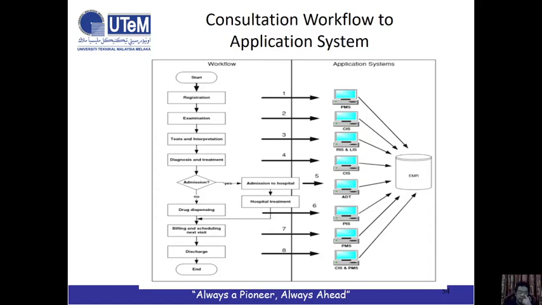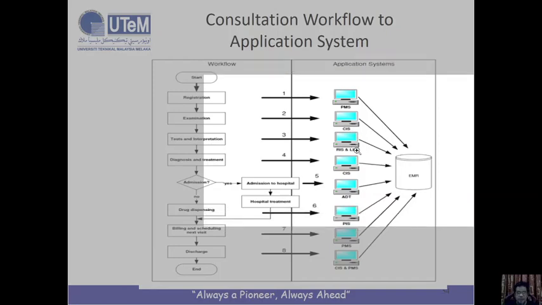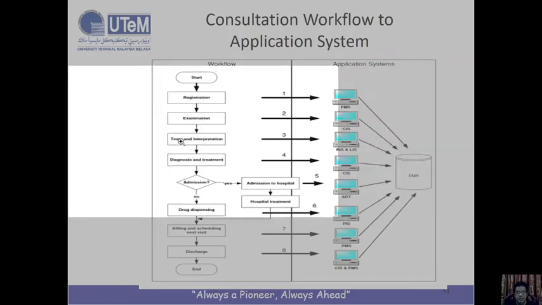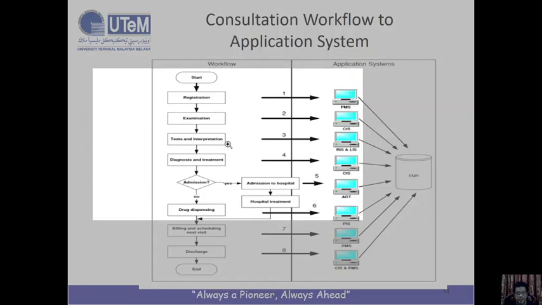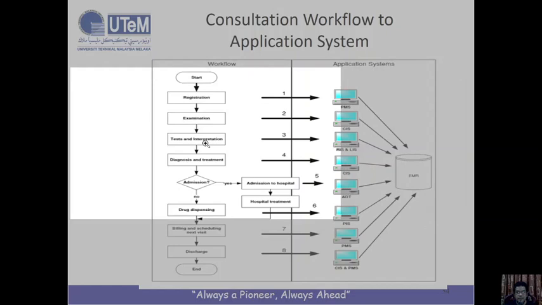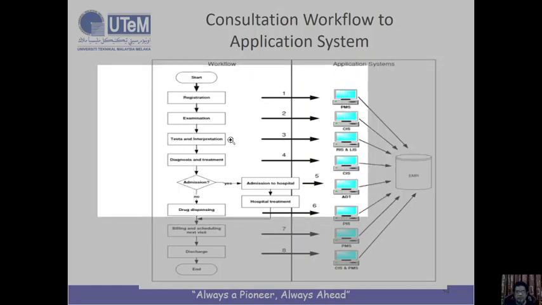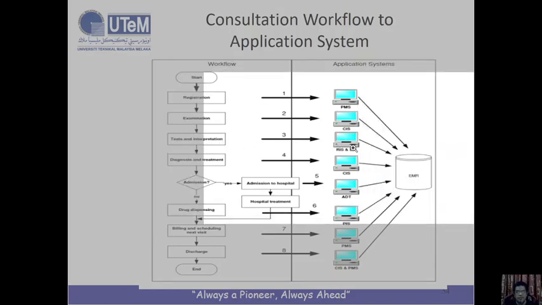During the CIS process, the doctor will order investigation to the radiology department or LRS. This is test and interpretation, so we can say this process is mapped to radiology or LRS. Or we send to the operation theatre, for example, which involves the procedure information system.